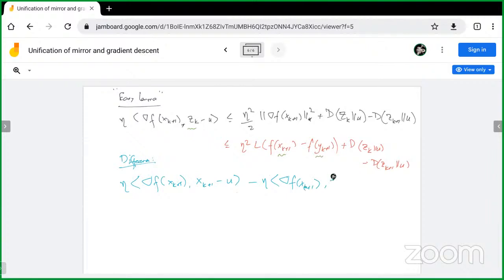Let me write this first. Essentially I put zk here, so it's just this. Yeah, that's the difference.